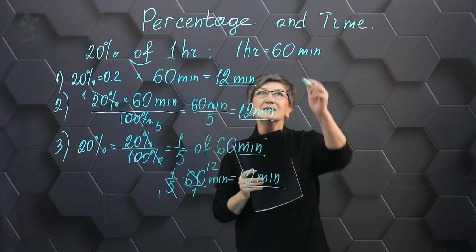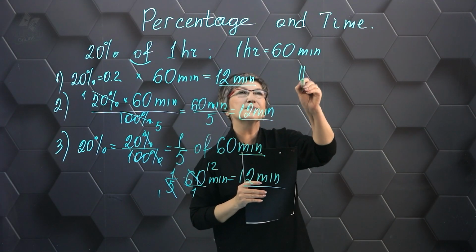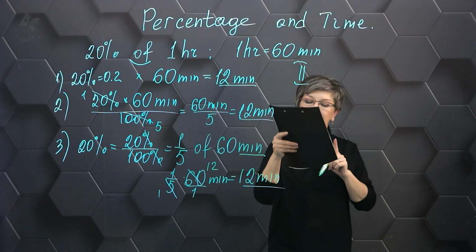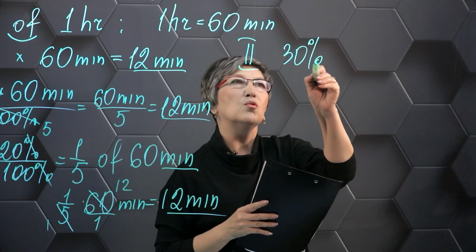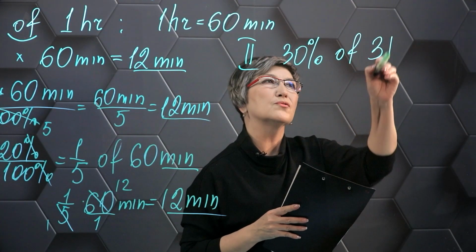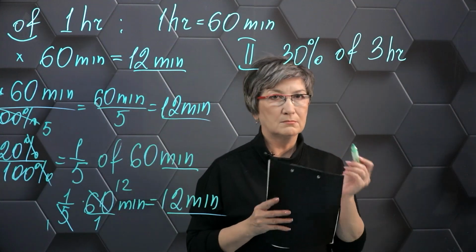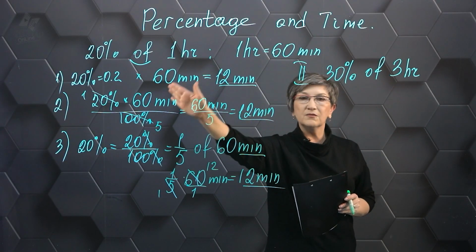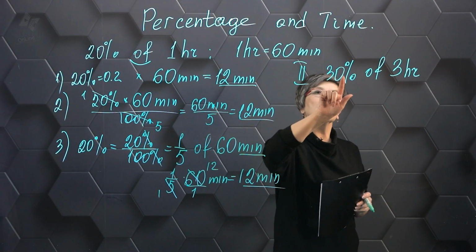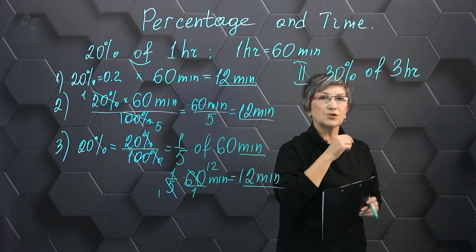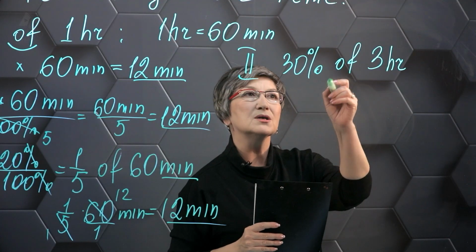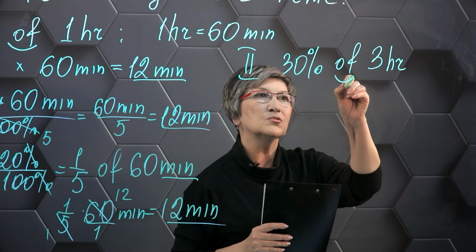And let's also look at a problem where I need to find 30% of 3 hours. The same algorithm, choose any of these methods. The most important thing to see is that if we need to find a percentage from a number, we need to multiply.